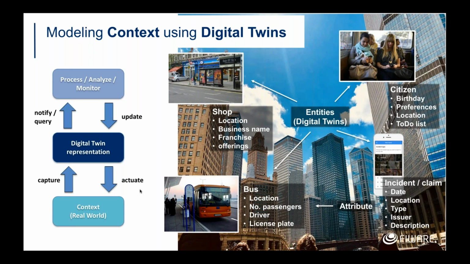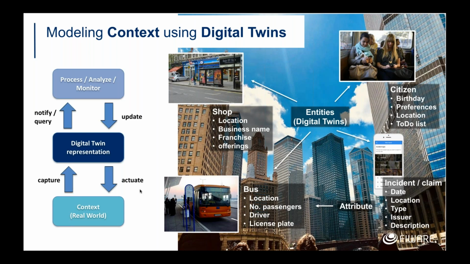As I explained in the previous webinar about the FIWARE vision and value proposition, FIWARE gravitates around the notion of representing context using digital twins or context entities. Those, if I'm considering, for example, cities, might be the shops, the buses, the citizens, each of them characterized by attributes whose values change over time.